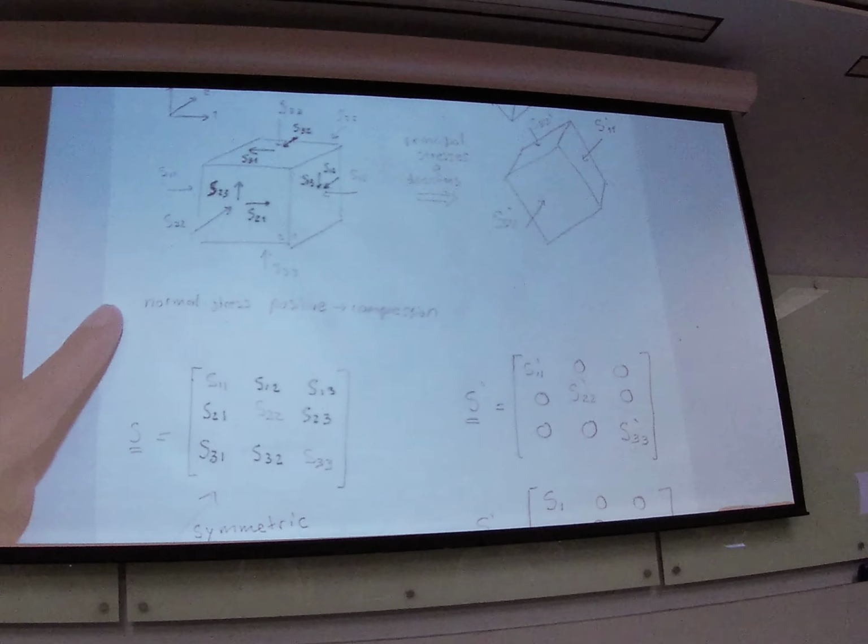And we call these numbers principal stresses, and we like to order it saying that S1 is going to be equal or greater than S2, and S2 is going to be equal or greater than S3. There's going to be always a coordinate system that allows me to do that.